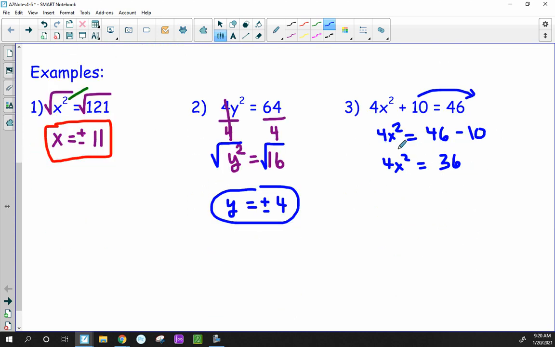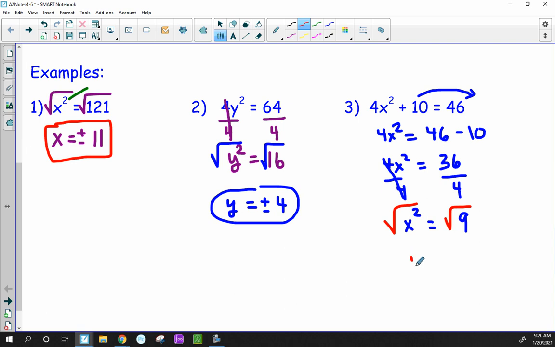And then I'm noticing x is not by itself. There is a 4 being multiplied by it. So I'm going to have to show division, similar to number 2 example. Now I'm left with x to the second is equal to 36 divided by 4, which is 9. Solving for x, I have to undo the square, so I take the square root of both sides.